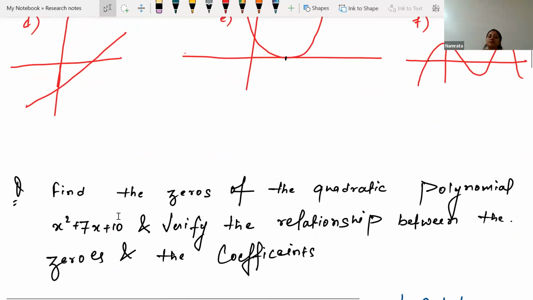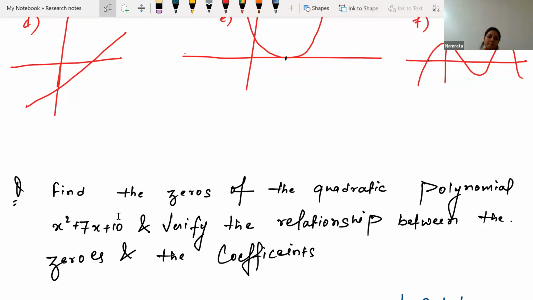Find the zeros of the quadratic polynomial x square plus 7x plus 10 and verify the relationship between zeros and the coefficients. How will we do it? Ma'am, by middle term splitting, we can do it. Yeah, by splitting the middle term, we will get the factors. We will get the zeros, right?